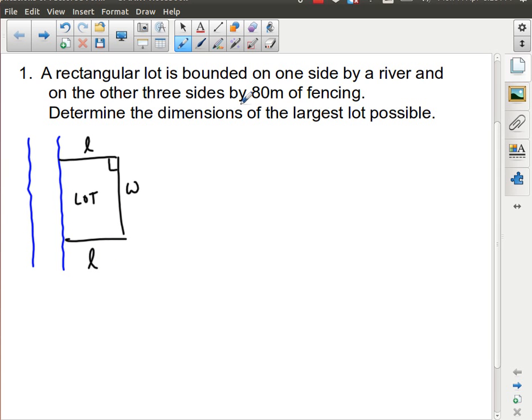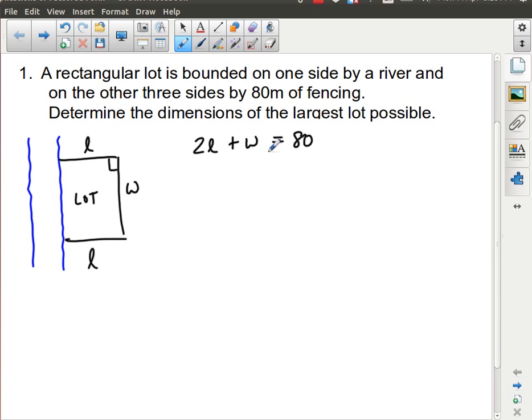And we know we have this relationship, which is that the other three sides are enclosed by 80 meters of fencing. So that means I can say that this length plus this length, which is two lengths plus a width, is equal to 80. So there's a relationship between length and width.